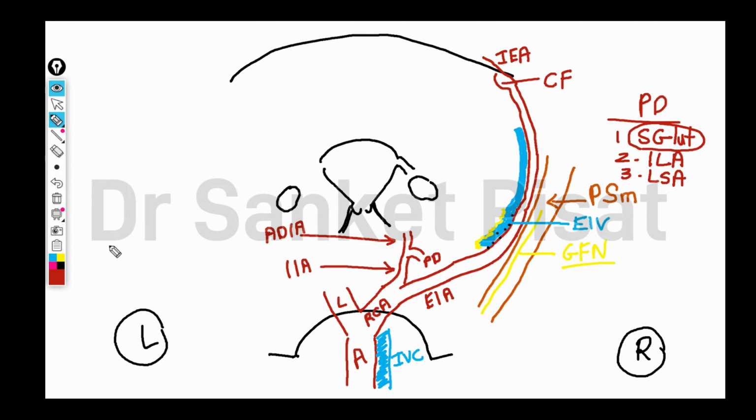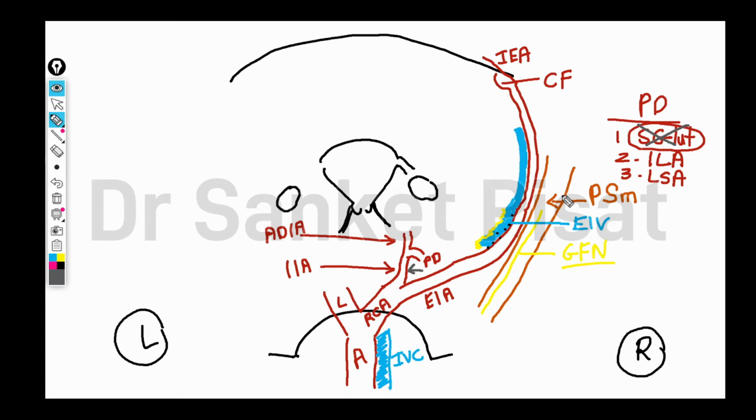However, if by any stroke of bad luck you perform the internal iliac ligation earlier, that means you perform the internal iliac ligation at this level, then you are also compromising on the posterior division blood supply, and that means you will have necrosis of the superior gluteal muscles, and that will become very bad for the patient. So this is not allowed.